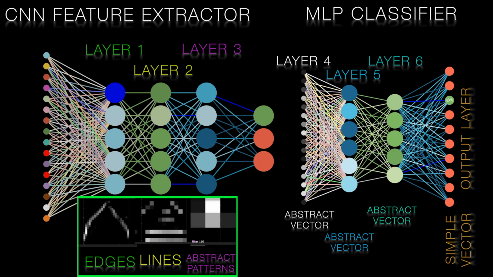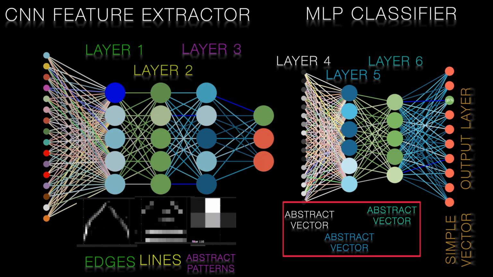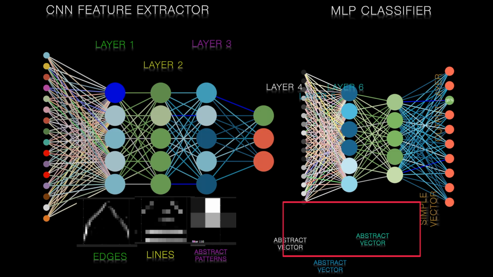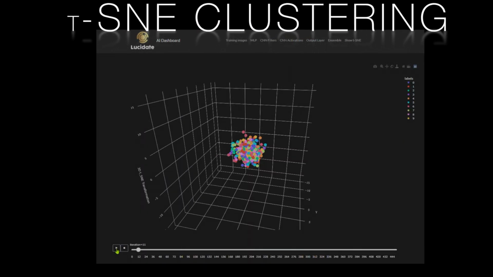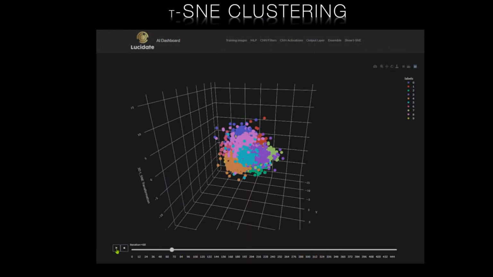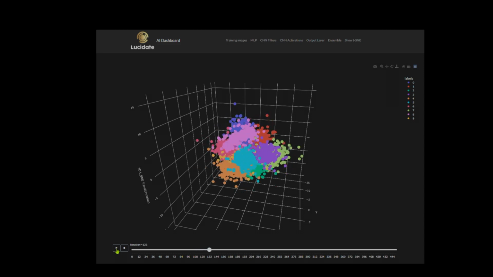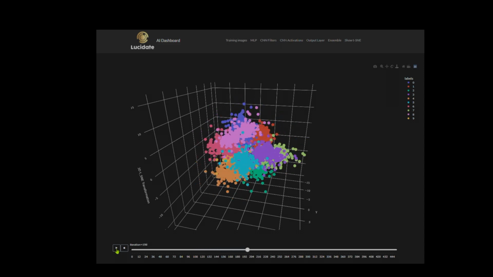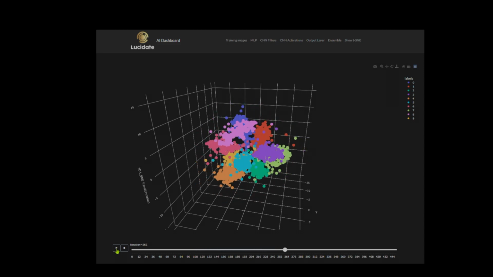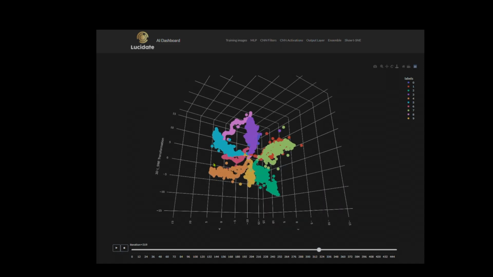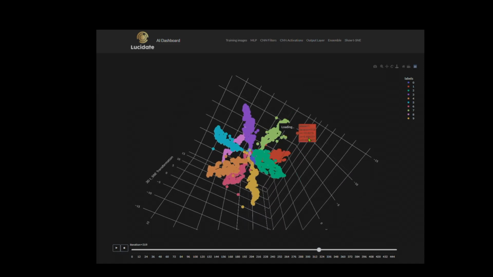But at deeper layers of our classifier, it's not as easy to visualize the activations. We introduced a technique called t-SNE to address this issue. This technique allows us to cluster similar patterns of activations, as well as separating patterns of activations that are dissimilar.